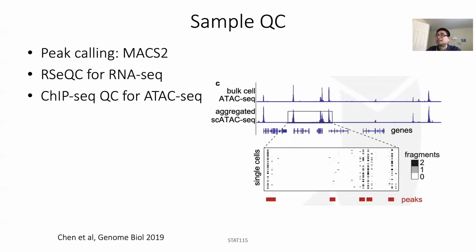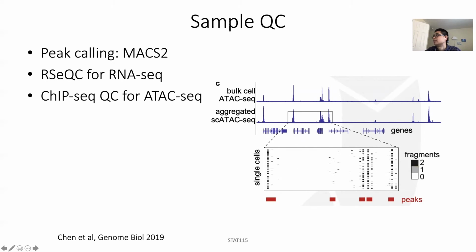For bulk RNA-seq, we use RSeQC, and I realized they just recently published RSeQC2 for faster quality control of RNA-seq data. There are also some other standard ChIP-seq QC metrics for ATAC-seq, for example, the number of high quality peaks, and the fraction of reads in peaks or promoters at the bulk level.